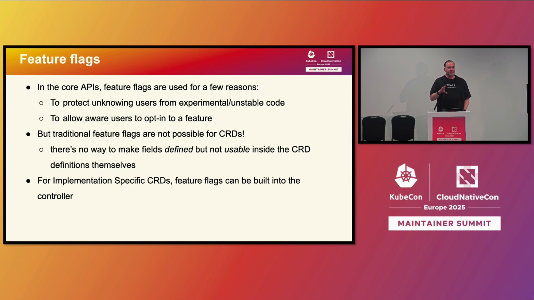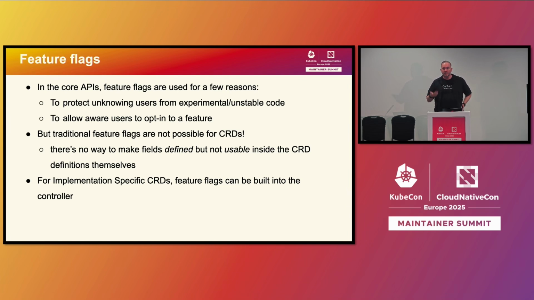So again, if you have an implementation-specific CRD, then you can build your feature flag straight into the controller that manages that CRD, right? For Cilium, if we add a field to one of our objects that is a safe, round trippable field, we can add a feature flag that says use this field, and if you don't turn that feature flag on, then if you set the field, nothing will happen, right?